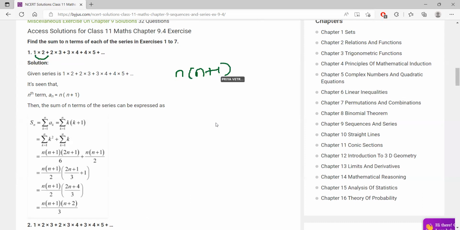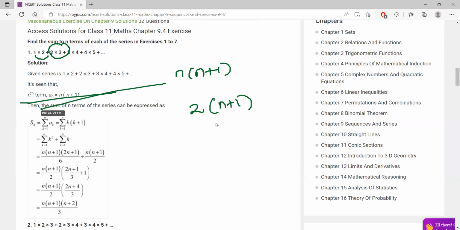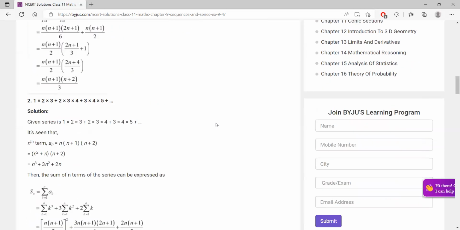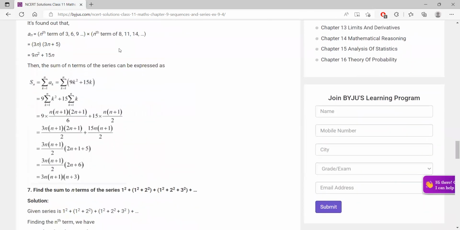You just have to increase the value by 1 for getting the next term. If you take 2 and 3, assuming n as 2, the 3 is n plus 1. So that is the pattern, isn't it? So here we can say the term a_n is equal to n into n plus 1. Can you follow it up? Yes, ma'am.